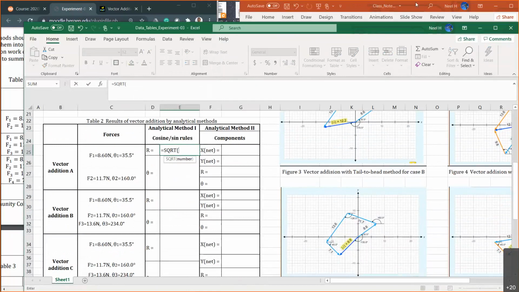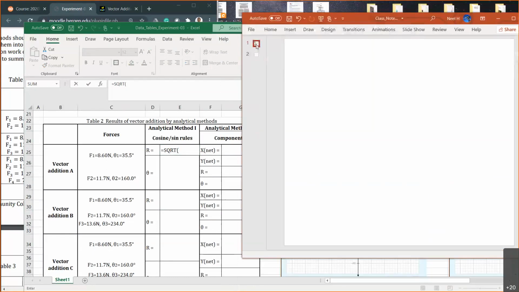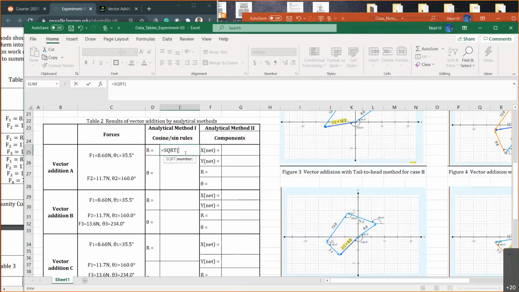You have to remember that equation, so let me go back there. There's the equation right here: F1 squared plus F2 squared minus F1 F2 times 2 times cosine A, where A is 55.5. So let's type that here.